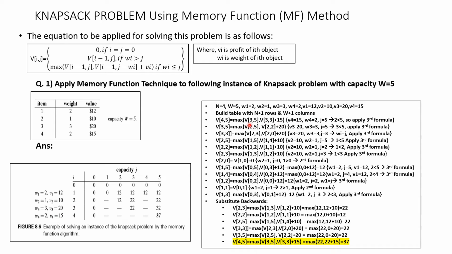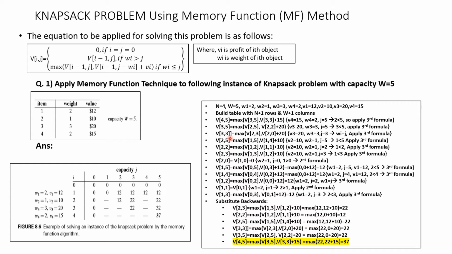So max of V3,5 and V3,3 plus 15. Since 2 is less than 5, we apply the third formula. Now we don't know V3,5 and V3,3, so we will calculate them.